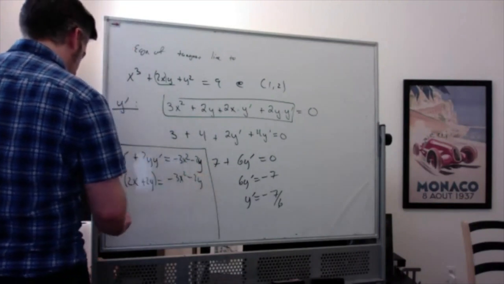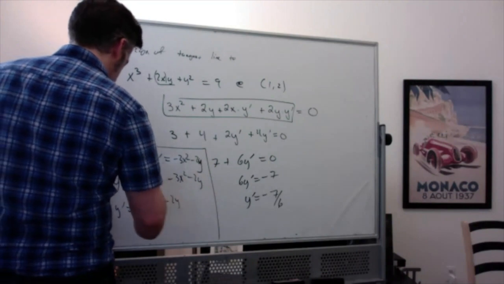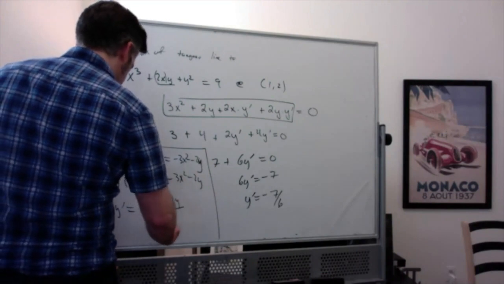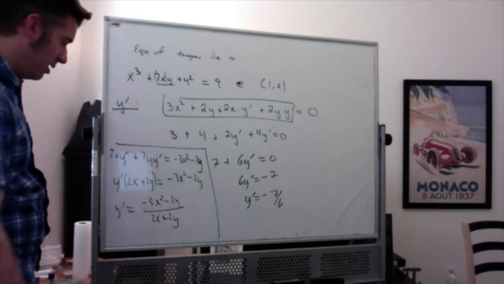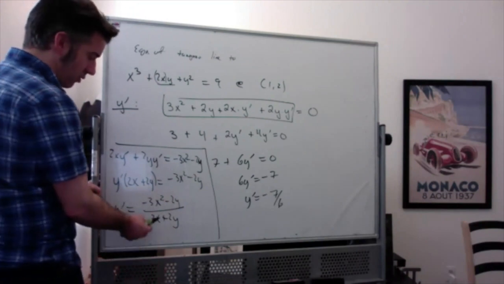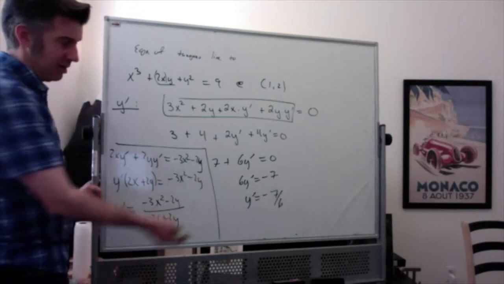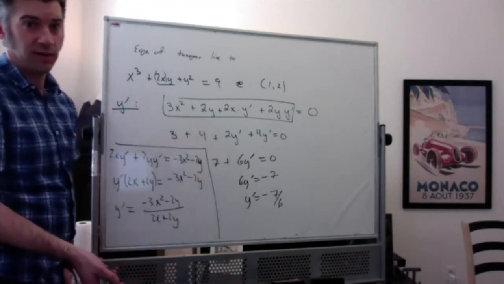And then divide by this. So you get negative 3x squared minus 2y all over 2x plus 2y. But then if you plug in 1 for x and 2 for y, you get negative 3 minus 4, which is negative 7, over 2 plus 4, which is 6. So you get negative 7 over 6. Either way is fine. I just feel like it's easier this way.